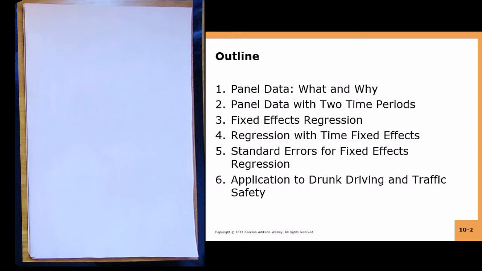So before we go any further, first we have to talk about what panel data is. So far, the kind of data we have been looking at is called cross-sectional data. That is, we are looking at several entities or individuals at a given point of time.